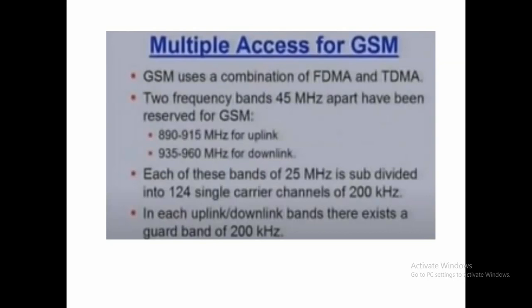Now let us talk about the multiple access for GSM. GSM uses a combination of FDMA and TDMA. Two frequency bands, 45 megahertz apart, have been reserved for GSM: 890 to 915 megahertz for the uplink and 935 to 960 megahertz for the downlink.